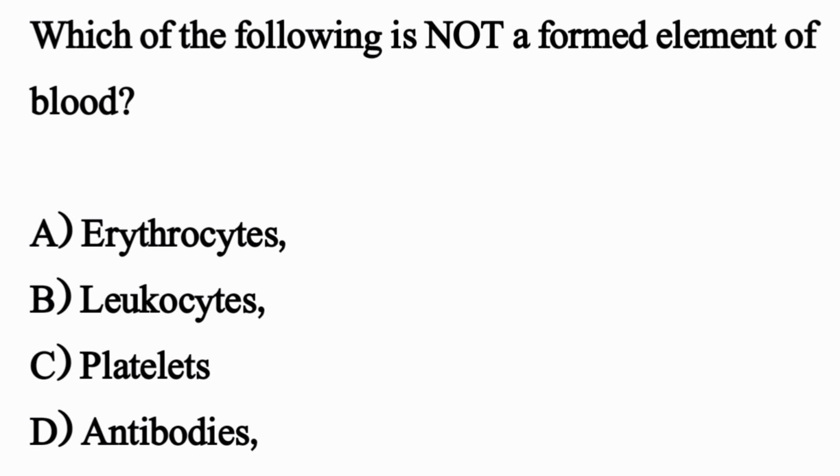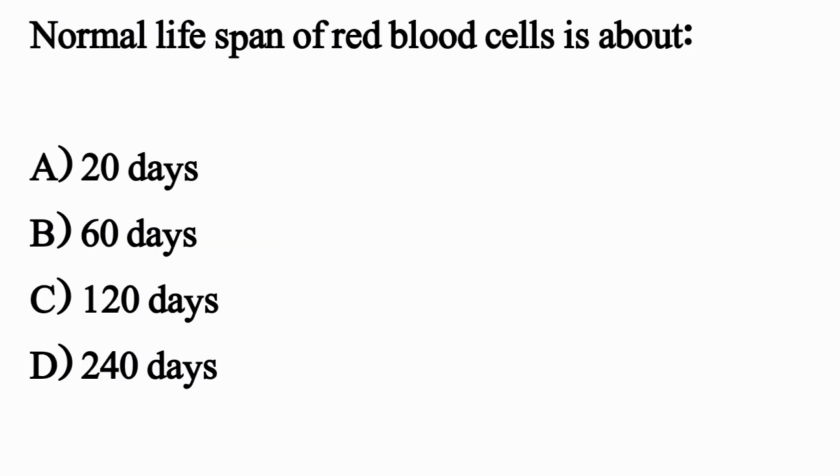The right option is option D, antibodies. Normal lifespan of red blood cells is about. The right option is option C, 120 days.